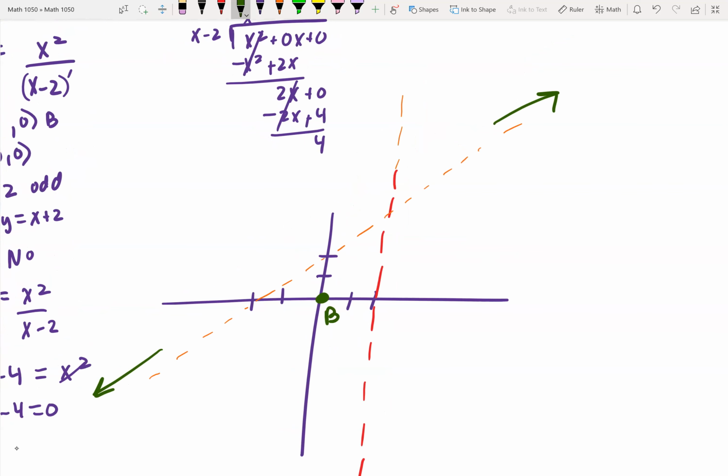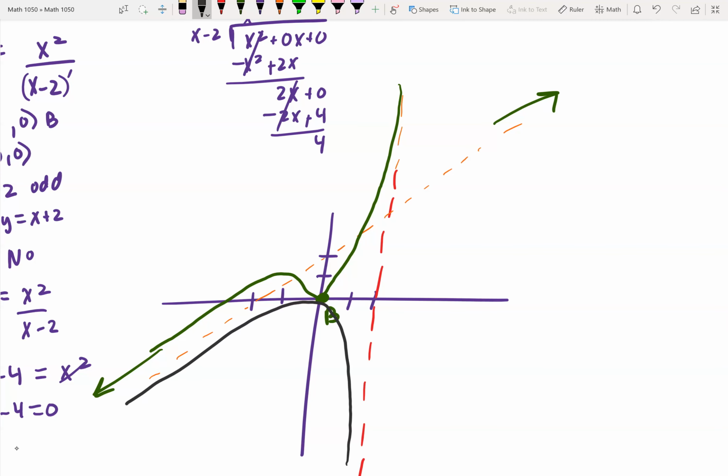So guys, look at the left side. It could be up high. Now I've got to get to that asymptote actually. So it could be up high, come over, hit it, bounce, and then I come like that. Or it could be down low, I'll do this in black, come up, hit it, bounce, and come like that.